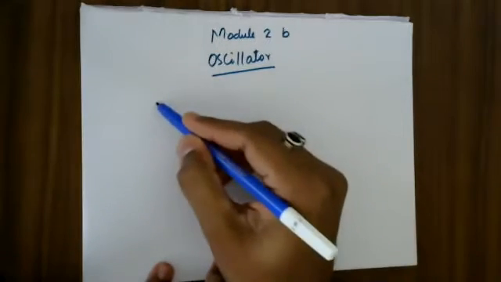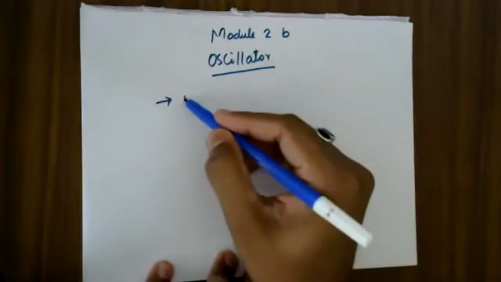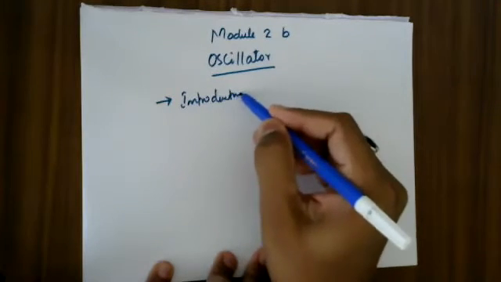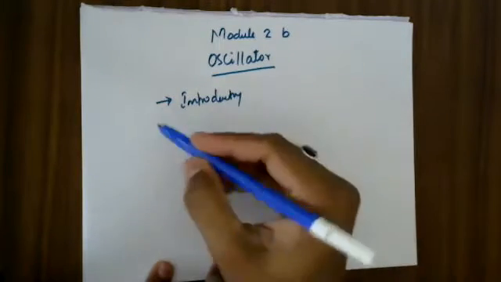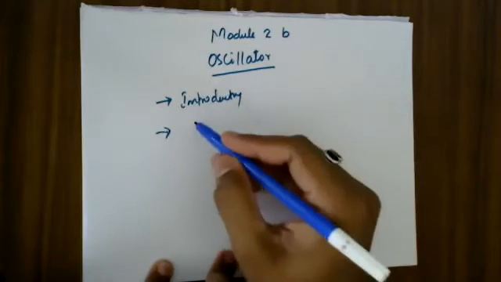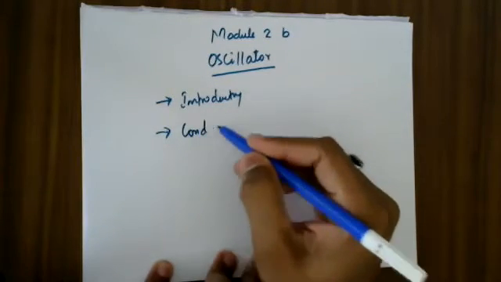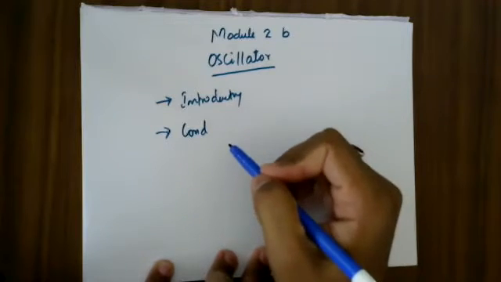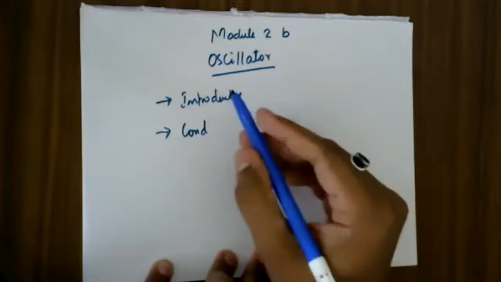Initially, we'll introduce a few introductory topics about what we mean by the term oscillator. Then next we will discuss the condition for a circuit to go into instability, or nothing but to behave like an oscillator.